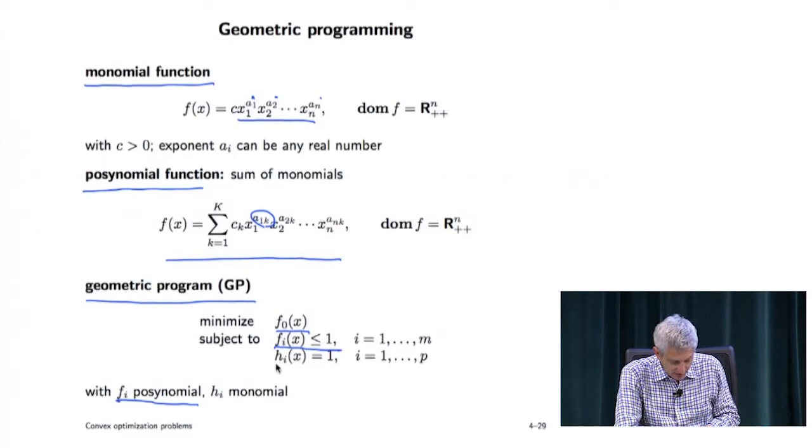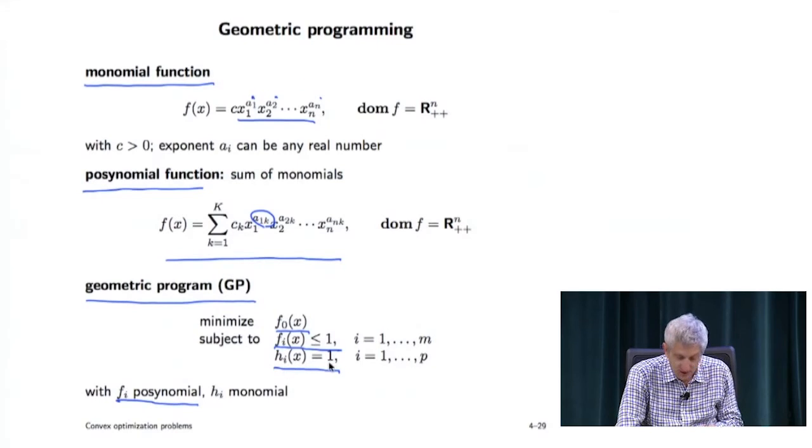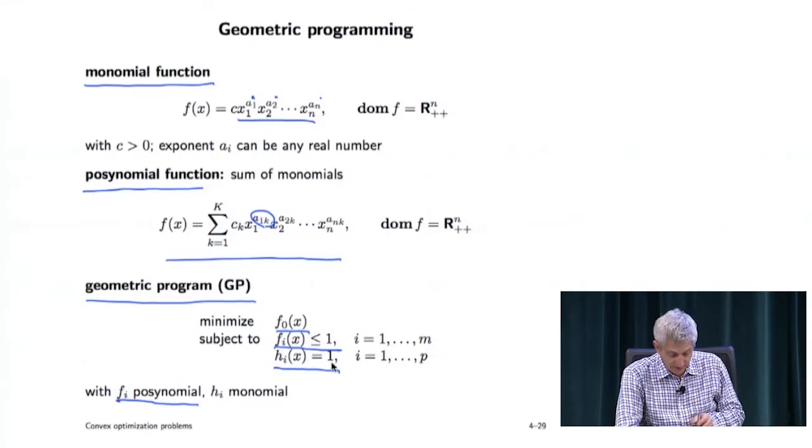And then the equality constraints have the form of a monomial equal to 1, right? So this is very, very different from what you would see in a convex problem. In a convex problem, of course, all equality constraints have to be affine. And here's one where these are decidedly not affine.